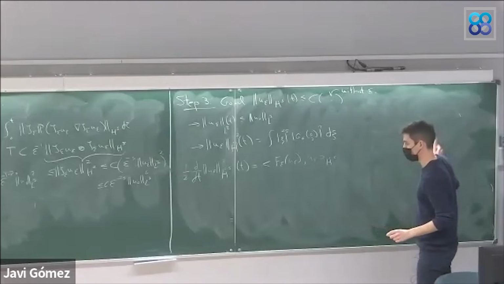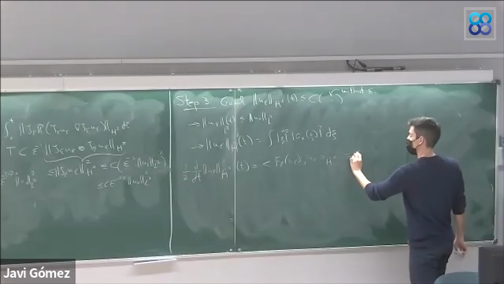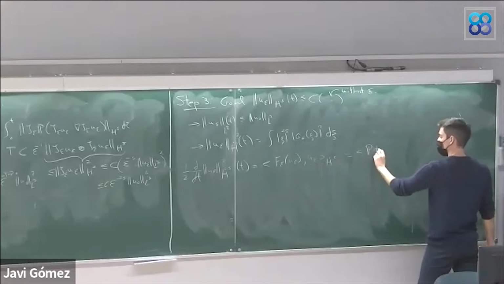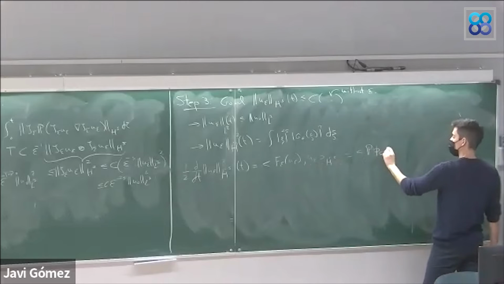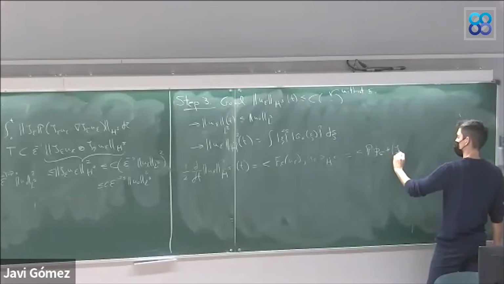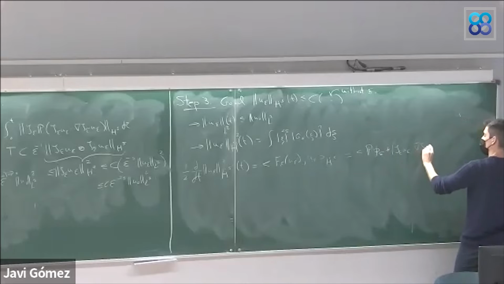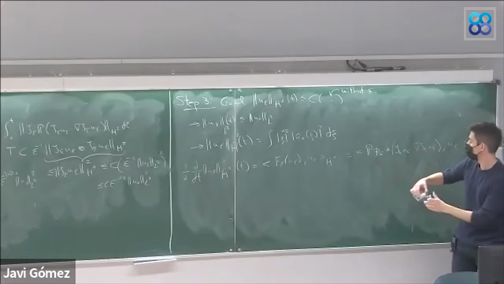I write the definition of this: the Leray projection, the modifier, J epsilon, U epsilon gradient, which I already did before.